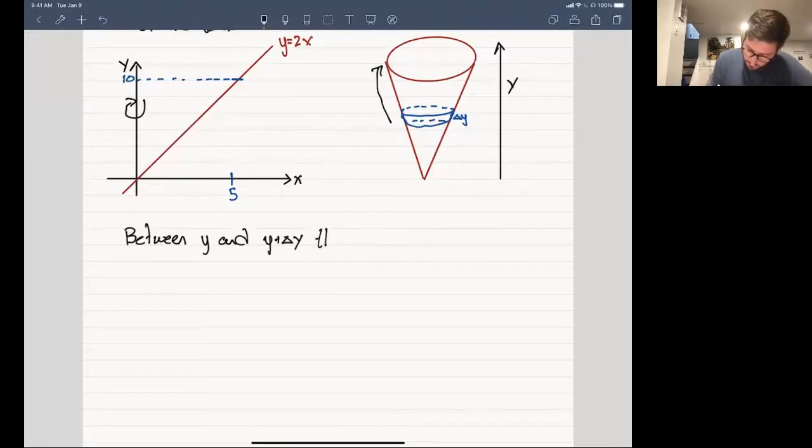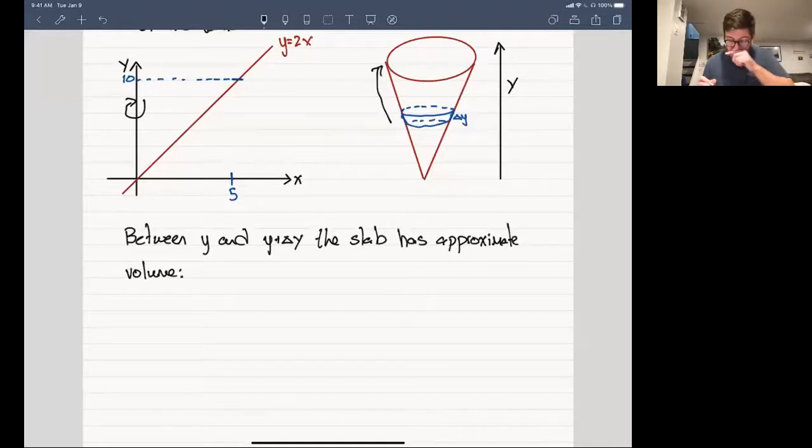The slab, my little piece that I pulled out of this, has approximate volume. And the reason I'm saying this is approximate is because I'm going to approximate that slab as a perfect cylinder, right? It's the same thing we've been doing over and over again when we're doing these volumes.